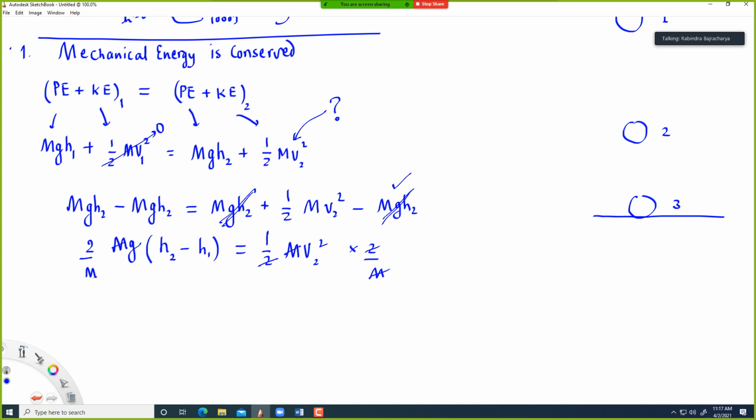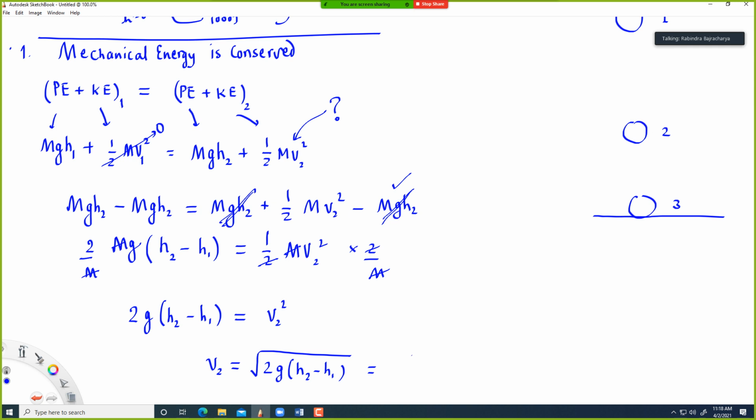So 2g(h2 minus h1) is equal to v2 squared. We want to get v2. To get rid of the square, you need to take the square root on both sides. So v2 equals the square root of 2g(h2 minus h1). So we got the expression.